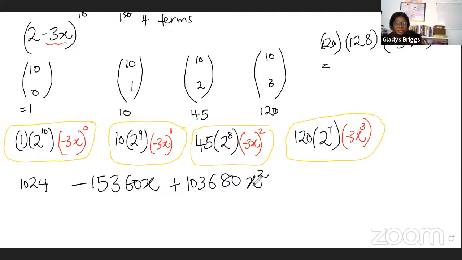Well done, Naji. So that's going to give us negative 414,720x to the power of 3. Okay, so that's our expansion.